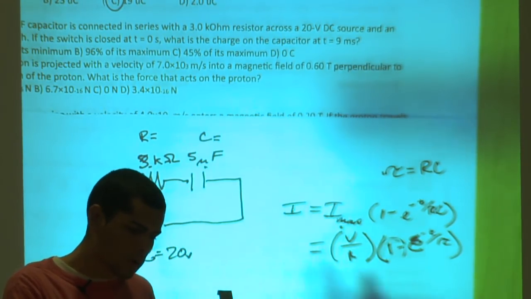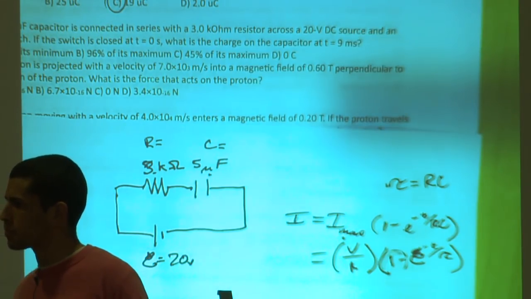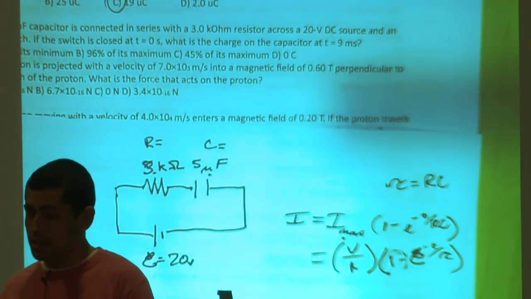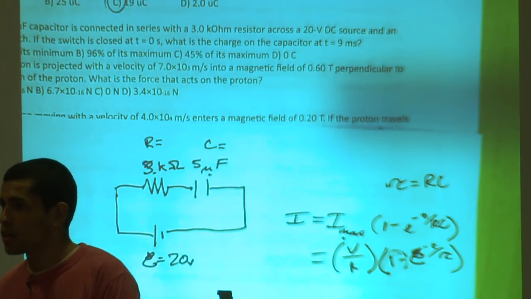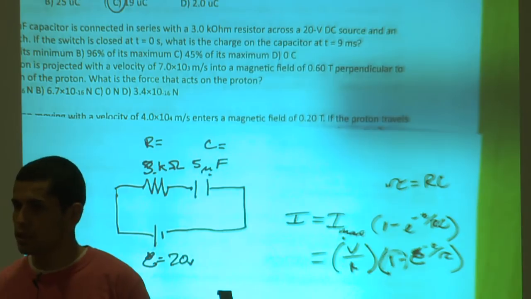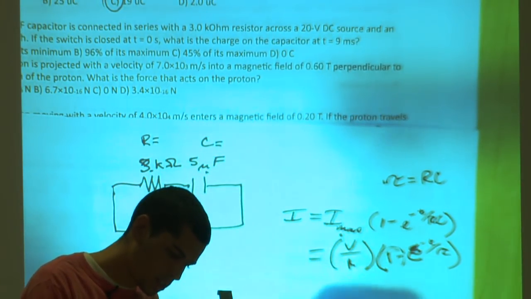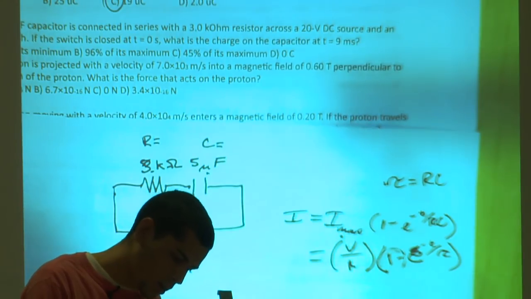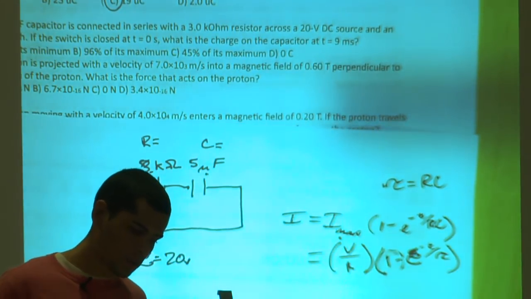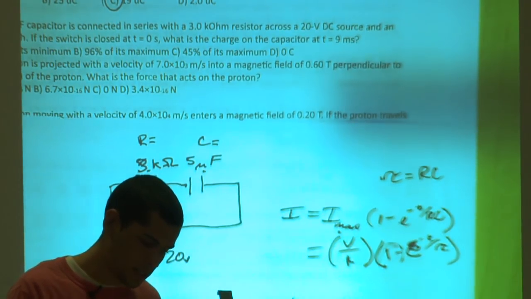So how are we going to compare our current to the charge on the capacitor? dq by dt. Awesome. So we'll have dq by dt equals our current.